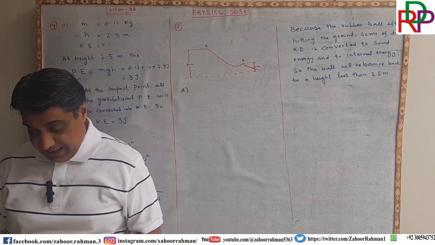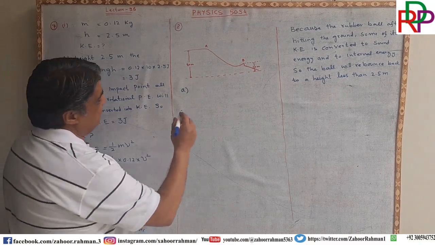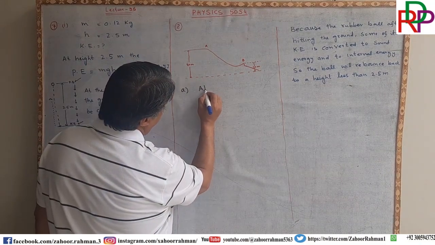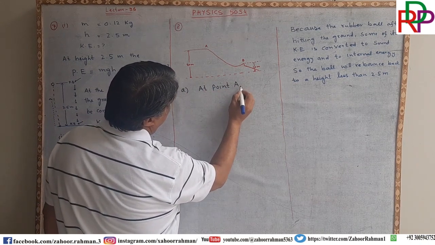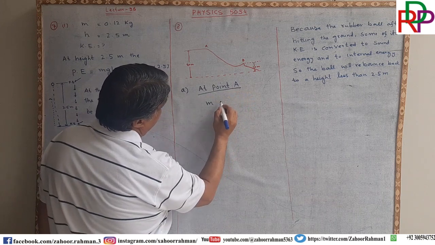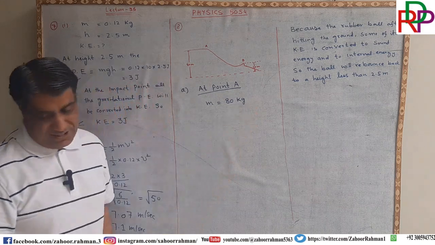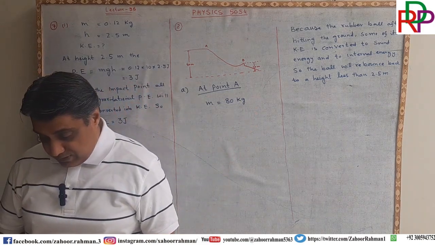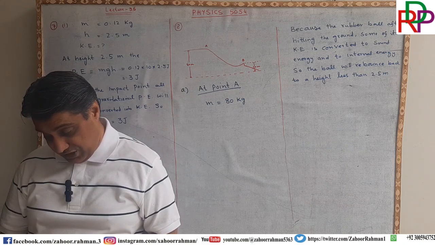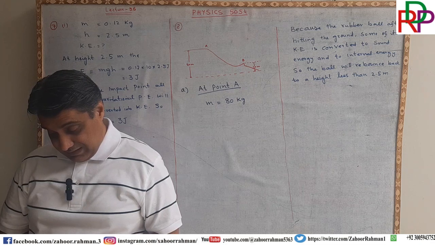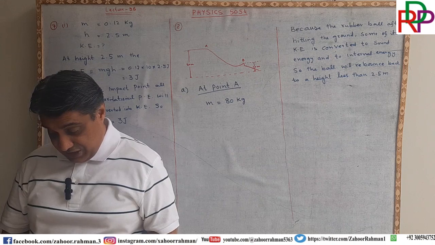Now, the A part is saying, if his mass is 80 kilogram, m is equal to 80 kilogram. This is given in the question. Calculate the change in gravitational potential energy.